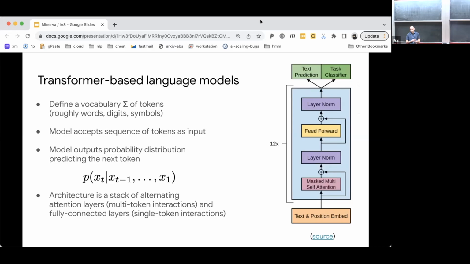It has basically two kinds of layers. One kind is the attention layer, which is really the special sauce of the transformer architecture. This is the thing that calculates multi-token interactions, and I'll describe that in great detail. The other kind is the feed-forward or fully connected layer, which takes every token and does some calculation on it, just like an ordinary fully connected network.